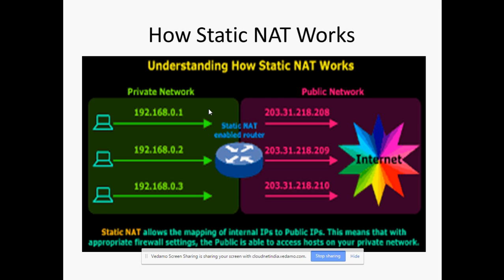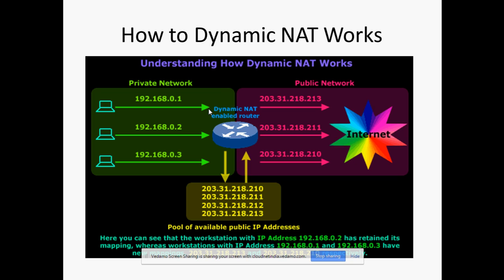Now another version of NAT is called dynamic NAT. Dynamic NAT also uses the one-to-one method, but with one difference. When we think about static NAT, that is the fixed mapping. For example, 192.168.0.1 tries to access the public internet, and it is mapped to 203.31.218.213.